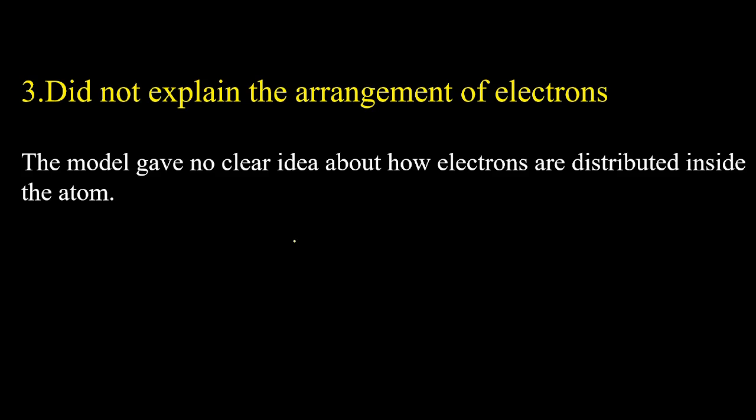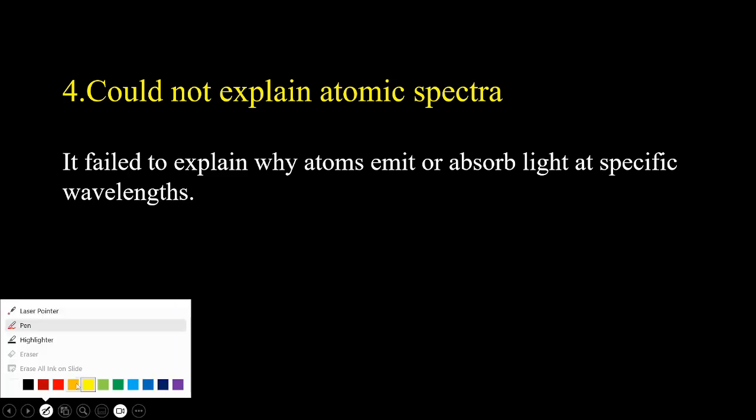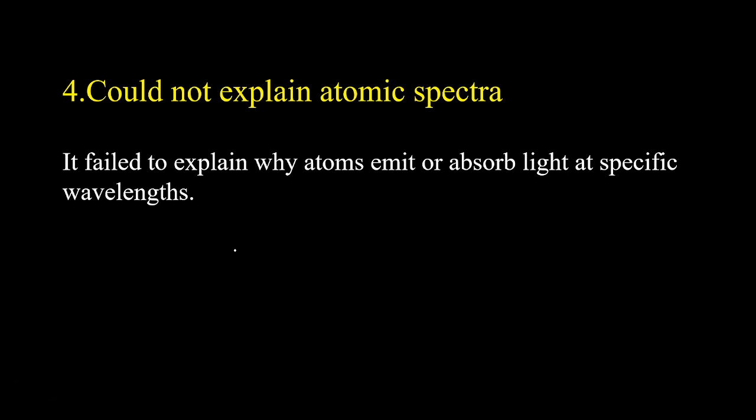So it did not explain the arrangement of electrons. It could not explain atomic spectra. So before going to explain this topic, I would like to explain what a spectrum is.